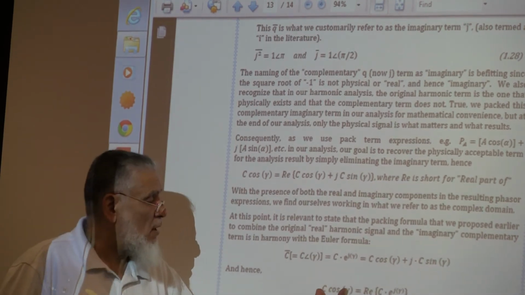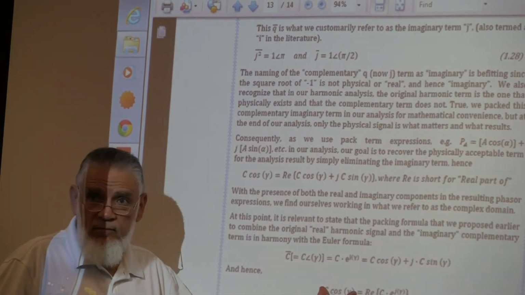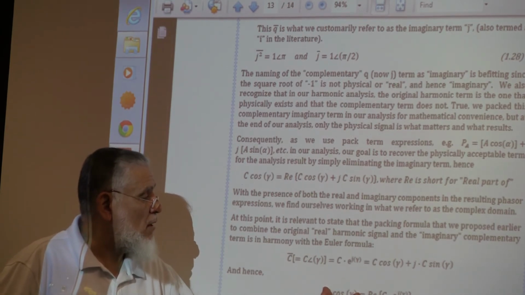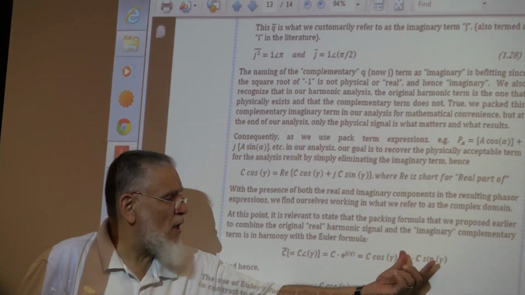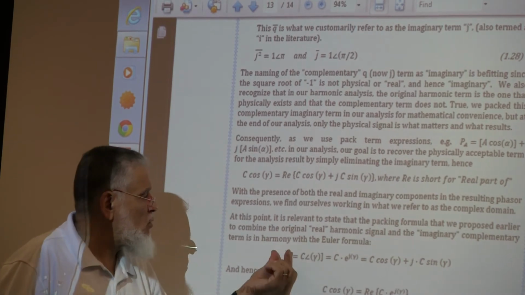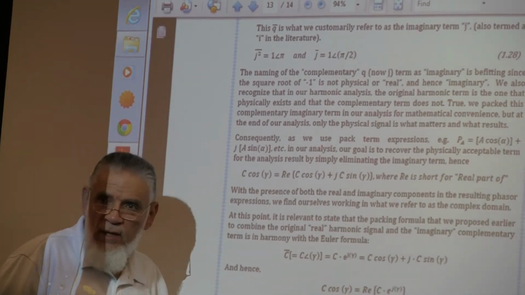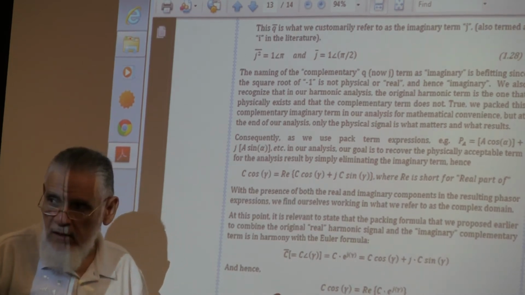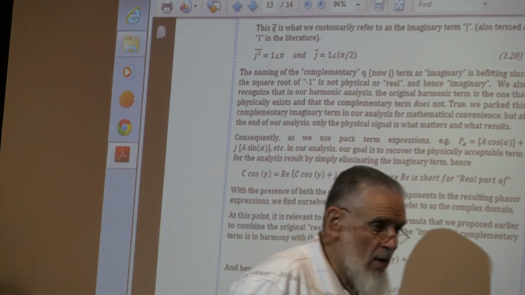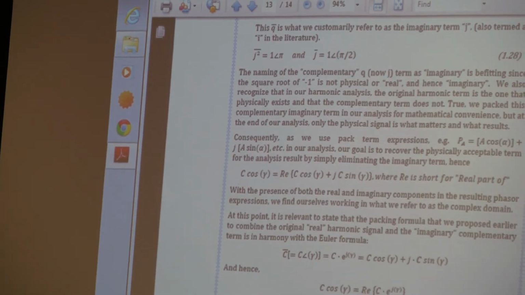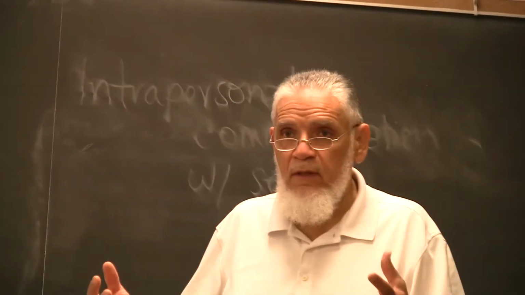If you start with a real signal and you want to convert to the phasor domain, you add j sine, and now work with your phasor. After you finish all your processes, you take the real part and you come back to your real signal.